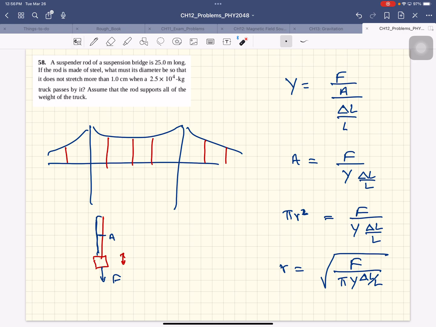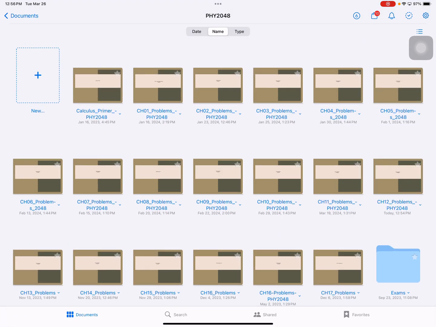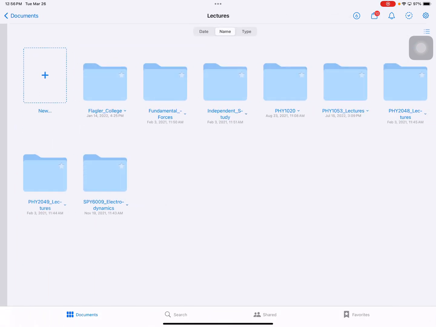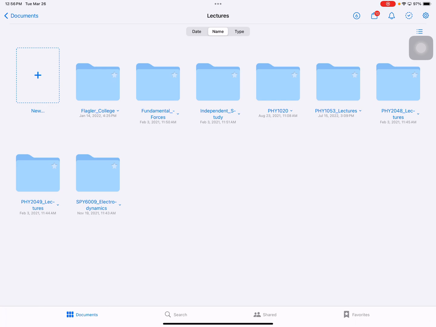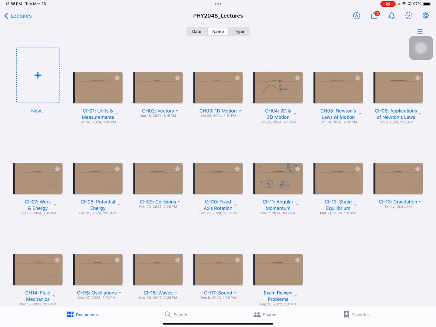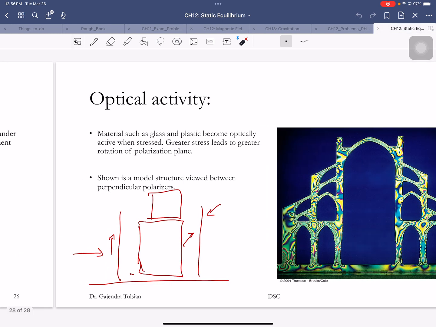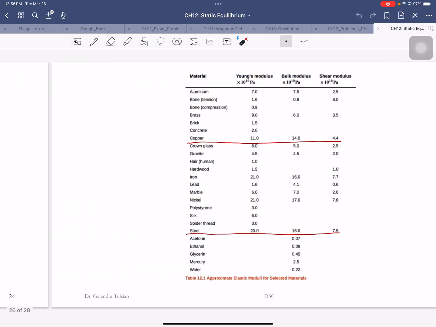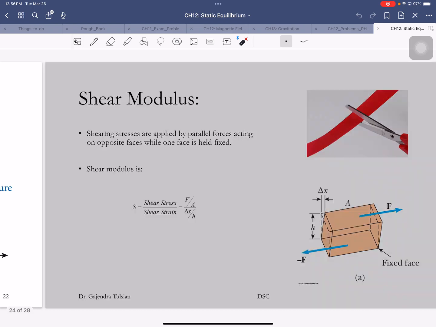I was gonna say it either deforms or the tensile strength is.